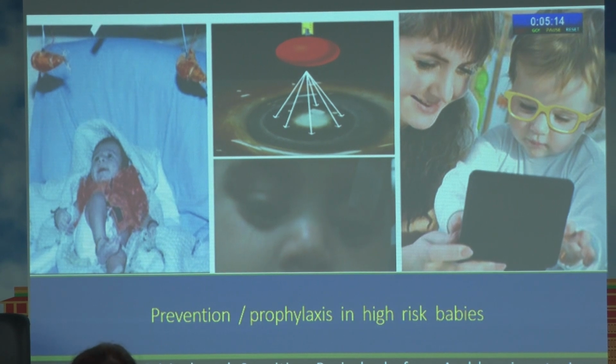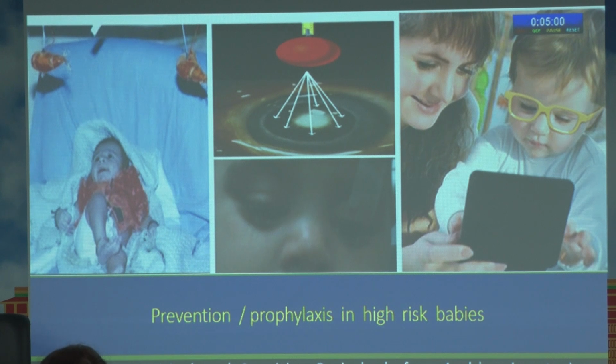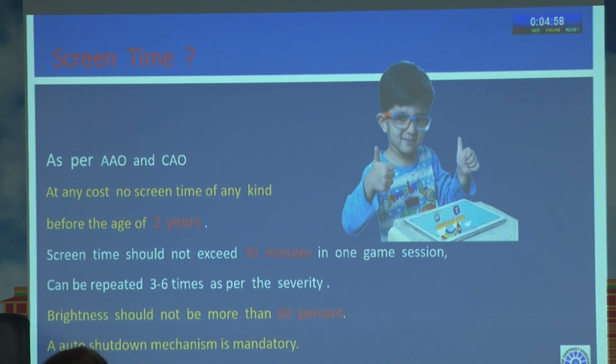After the age of 2 years, you can use screen time, give him a tab. This particular tab has different types of exercises for children, and they can perform them only after 2 years, only for 30 minutes at a time, not before 2 years, and it can be repeated 3 to 6 times as per the severity of the amblyopia.